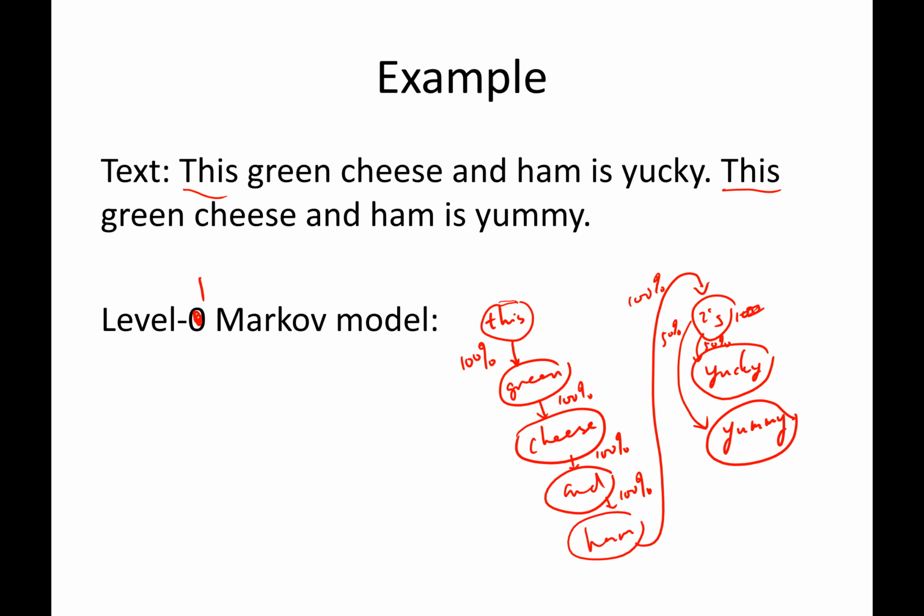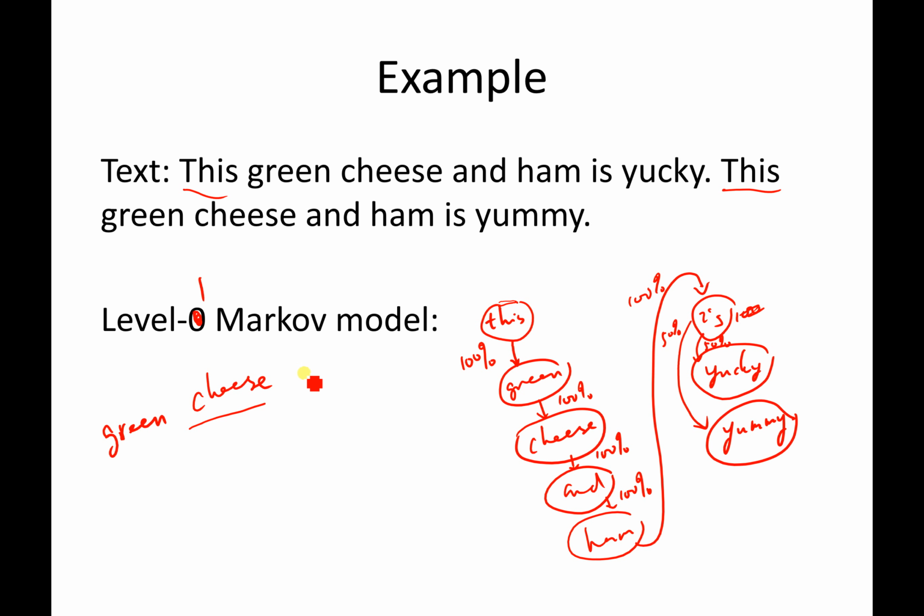For a level 1 Markov model, you generate the first word randomly, for example green. The chance that green is generated is 2 out of 14. Now, what is the next word after green? You have to look at the state. The next state coming out of green will always be cheese, because the chance is 100%.